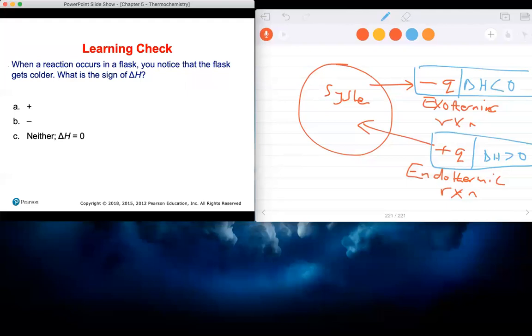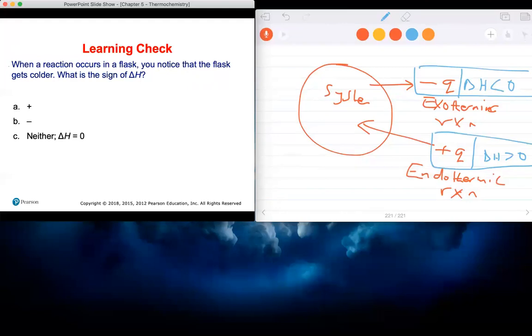When a reaction occurs in a flask, you will notice that the flask gets cold. What is the sign of delta H, change in enthalpy? Somebody try. What is the sign if the flask gets cold? It's getting cold. If you hold it, it's cold. Is it exothermic or endothermic?